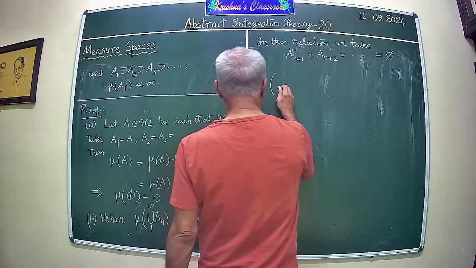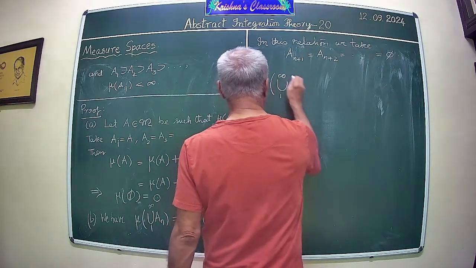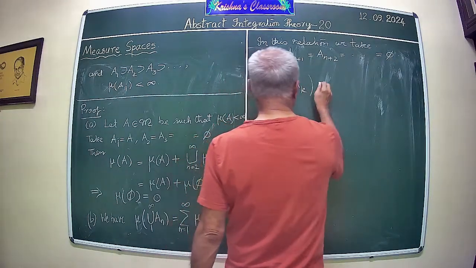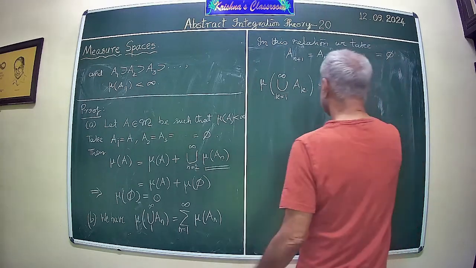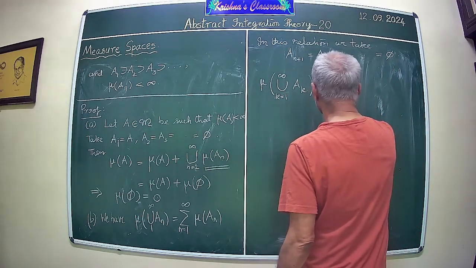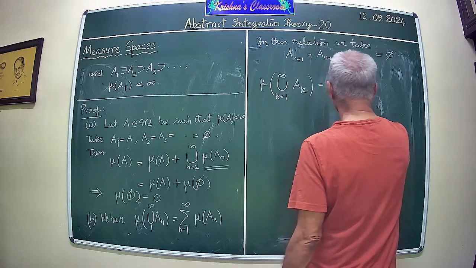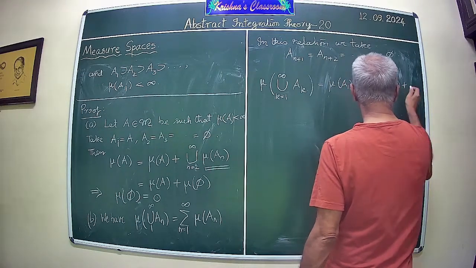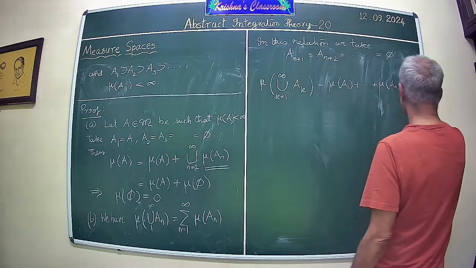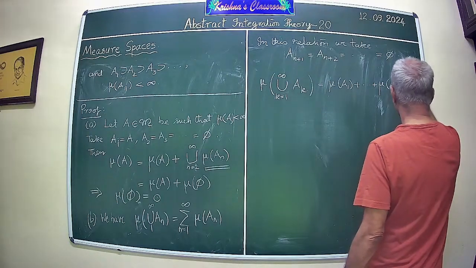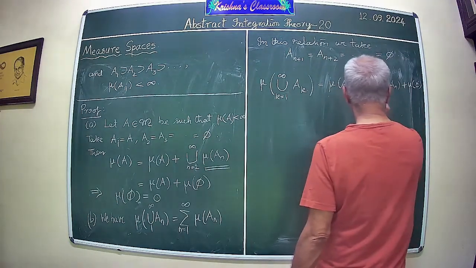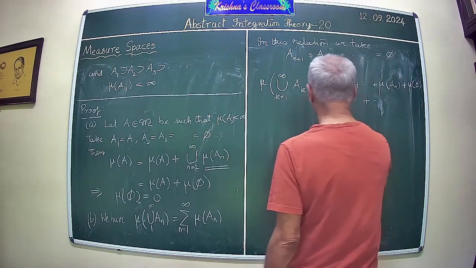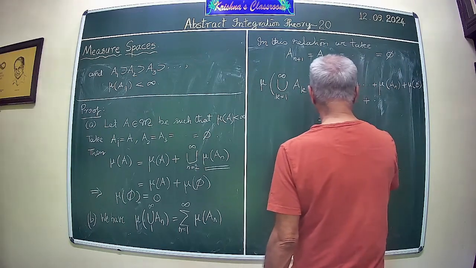Mu of the union equals the sum from k equal to 1 to n, plus the terms for the empty sets.